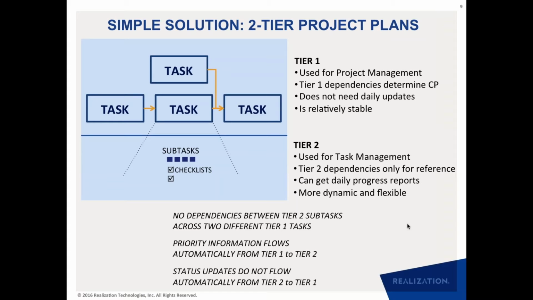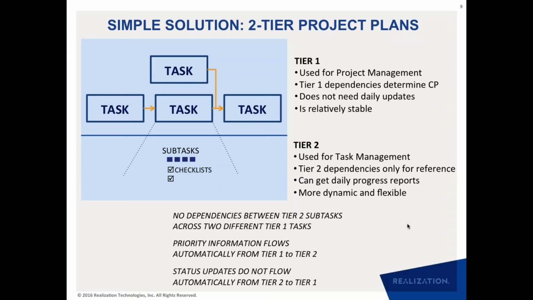So what we mean by that is that a task manager or an IPT lead or a supervisor who's managing the details inside a task, they can manage all those details using subtasks and checklists. They can even keep track of how long the subtask is taking, or how many subtasks got done on a specific day. But as far as updating the remaining duration for the tier one task is concerned, that is something that they have to do manually.